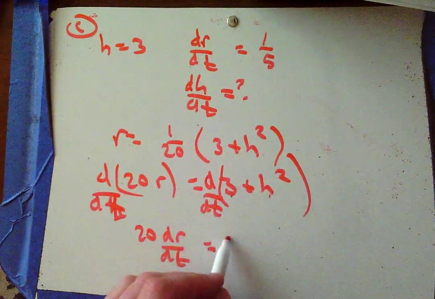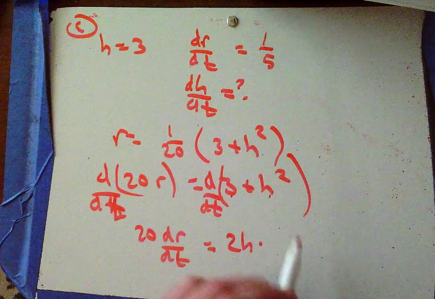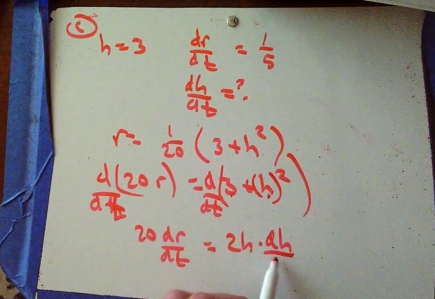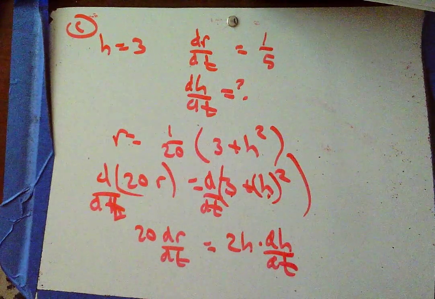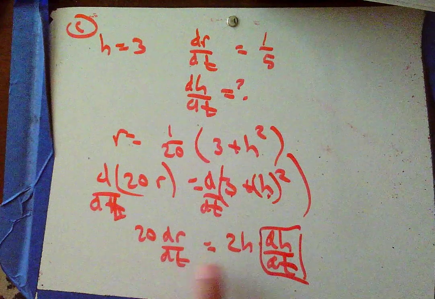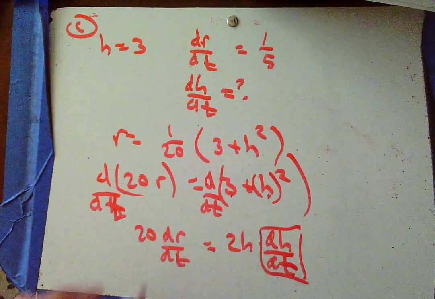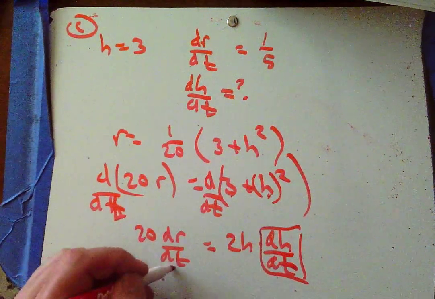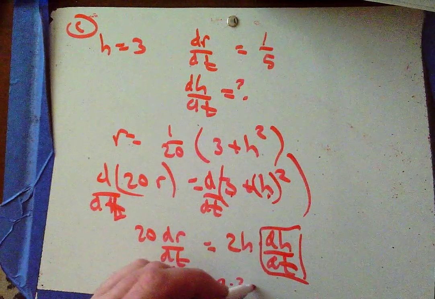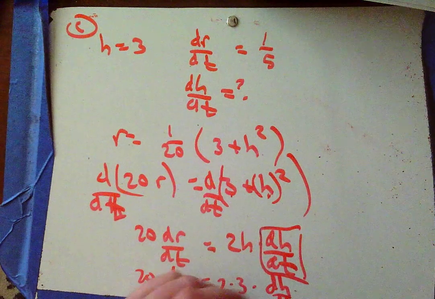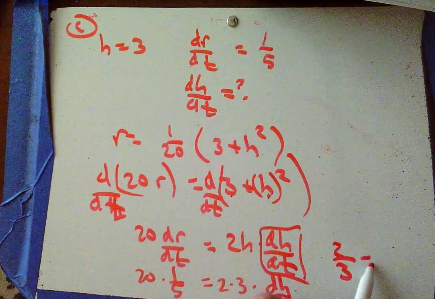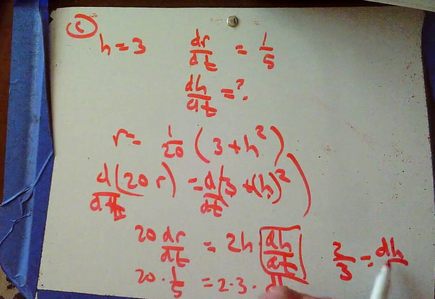The derivative of this is 2h times the derivative of the inside with respect to time. This is the thing I'm looking for, so I need to plug in values here and here. So 20 times 1/5 equals 2 times 3 times dh/dt. This is going to be 4 divided by 6, or 2/3 equals dh/dt.